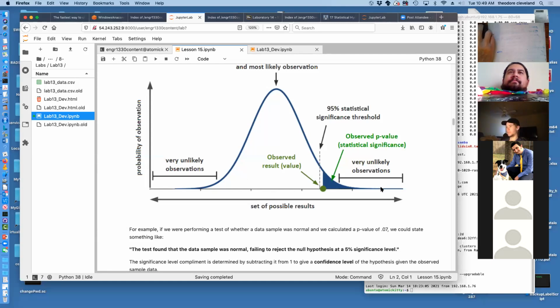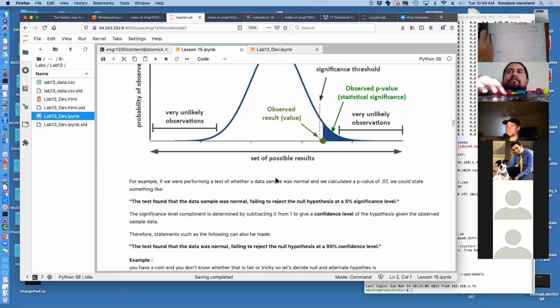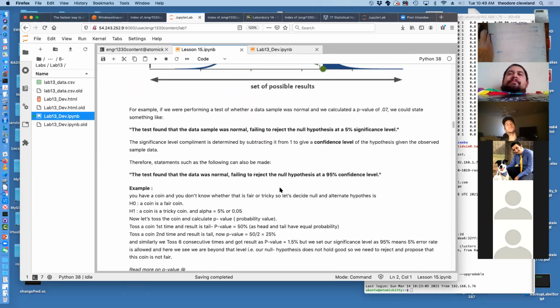If we got 1 here and 2 in this unlikely region, that's even more unlikely. And if we got all 3 completely outside the likely region, we'd be very uncomfortable saying that those samples came from this distribution.